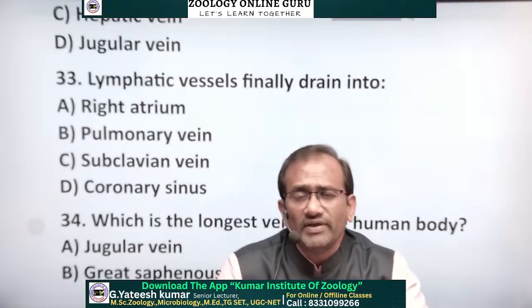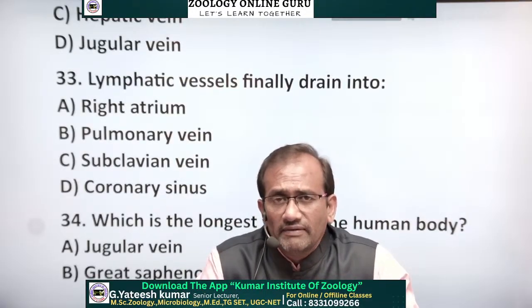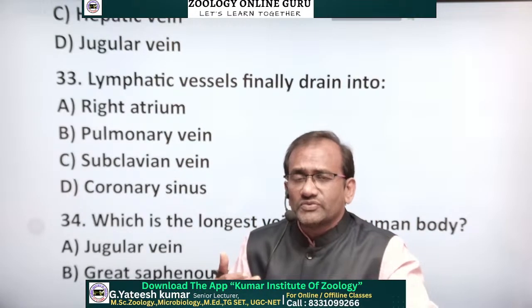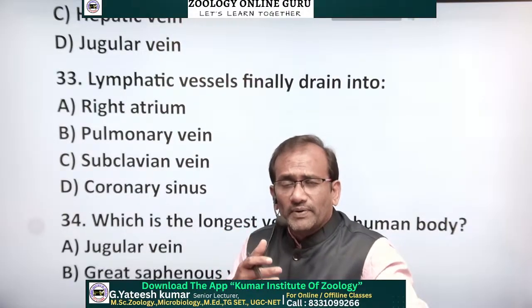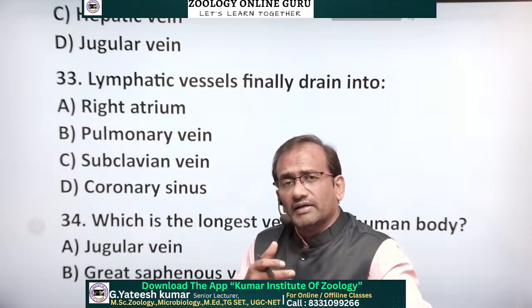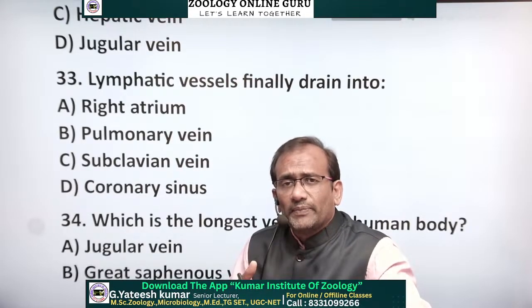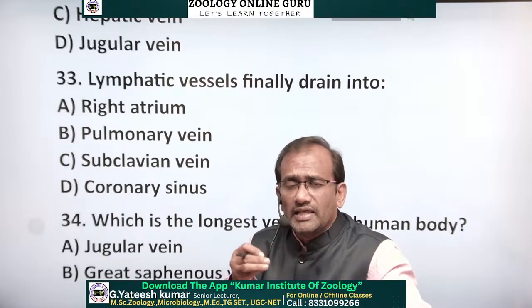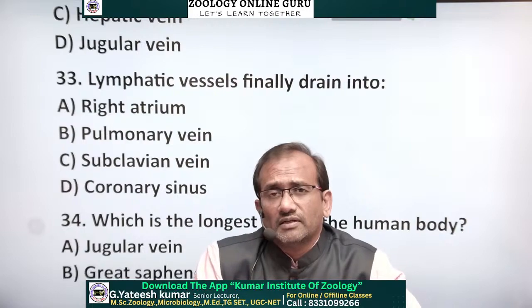In our body, we have a separate system called the lymphatic system. Lymph is the extracellular fluid. After the capillaries, what happens? The force of the blood pressure from the heart reaches the capillaries, and slowly the blood leaks from the capillaries into the extracellular space.